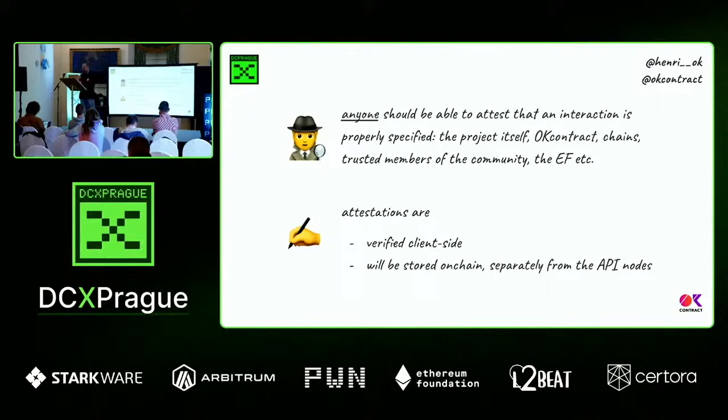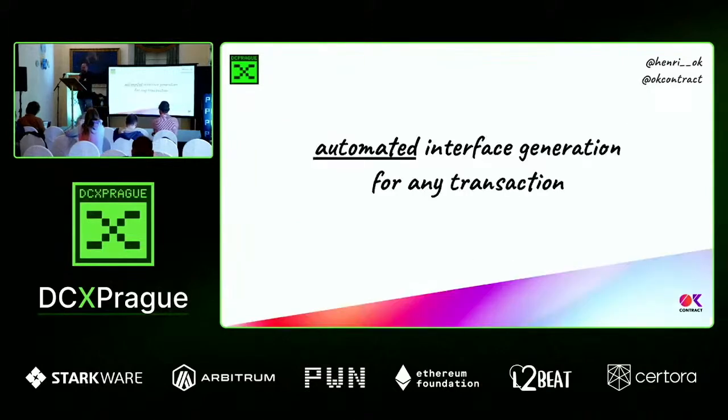So basically, we can attest that this is correct. And these signatures should be stored on-chain, so that is completely separate from the rest of the API nodes which provide the definition. And the last step is, as I mentioned, the automated interface generation.